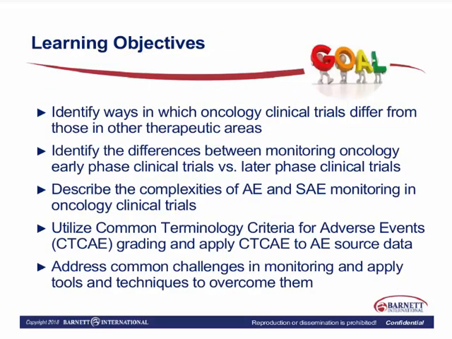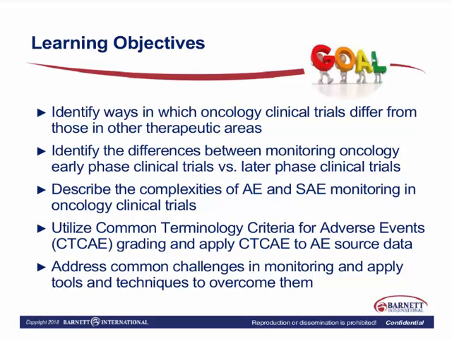So let's get started. Let's first talk about the learning objectives for the course today. We want to identify ways in which oncology clinical trials actually differ from those in other therapeutic areas, identify the differences between monitoring oncology early phase clinical trials versus later phase clinical trials, and describe the complexities of adverse event and serious adverse event monitoring in oncology clinical trials.